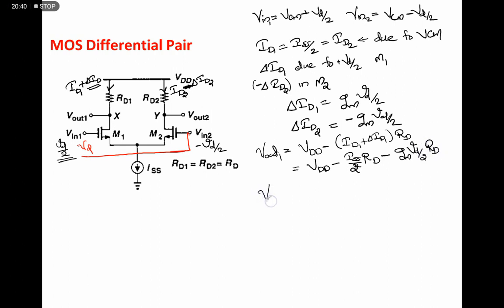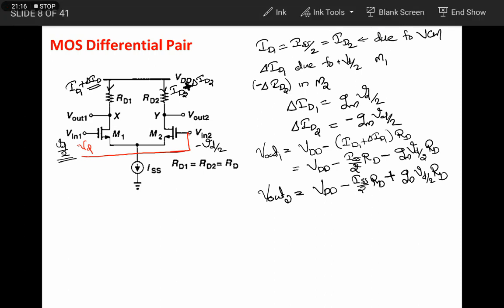And similarly Vout2 also we can write, it is similar to this one, VDD minus ISS by 2 into RD. There it becomes plus gm into VD by 2 into RD, because here in ID2 plus delta ID2 the value becomes minus gm VD by 2. I made a mistake here. Here also it is ID2 plus delta ID2. This delta ID2 itself is a negative value.